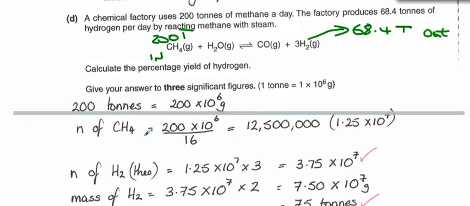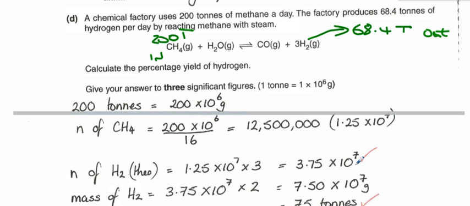Then I know the number of moles here, so I can take my ratio to here. Notice it's a ratio 3 to 1. So number of moles of H2, this is the theoretical mass, because I'm going from the equation. If I have this number of moles, I should have 3 times the amount of moles of hydrogen. So I'm timesing my number of moles of methane by 3.